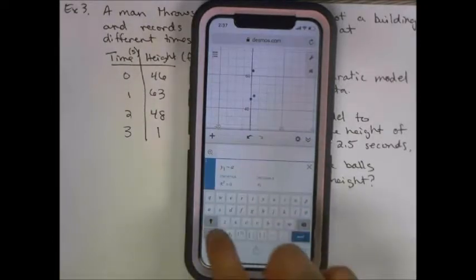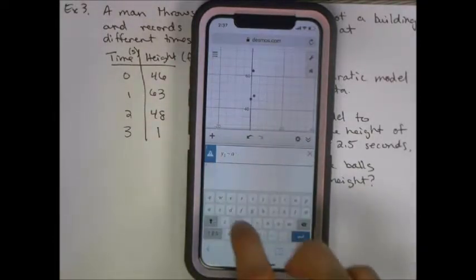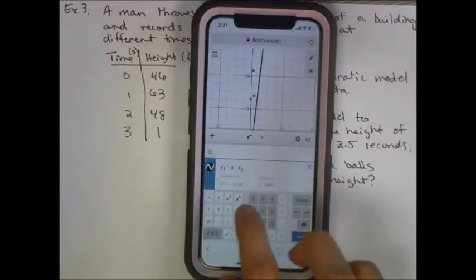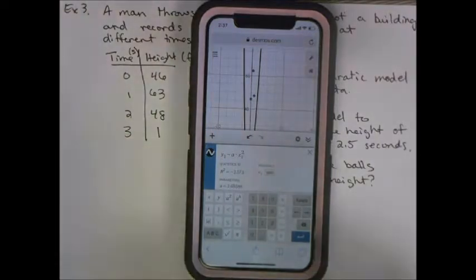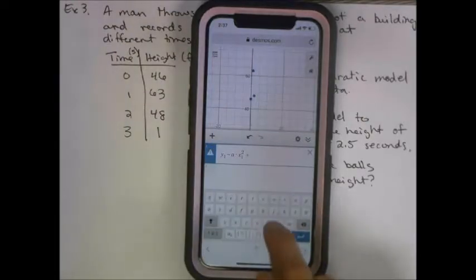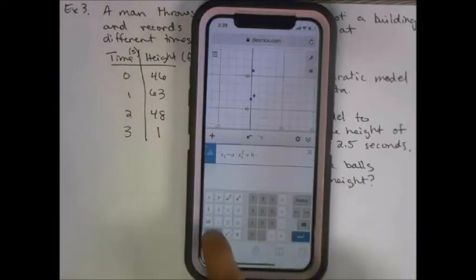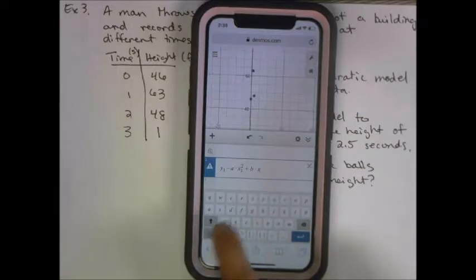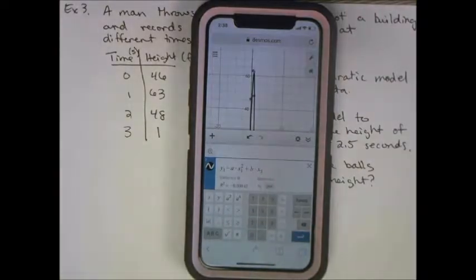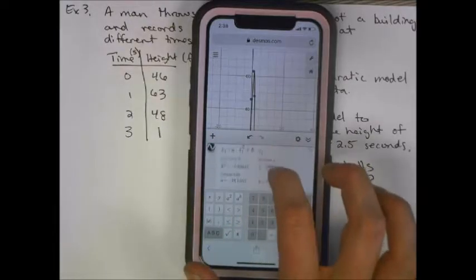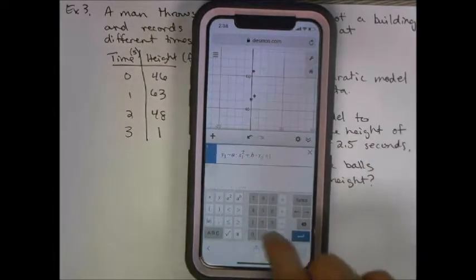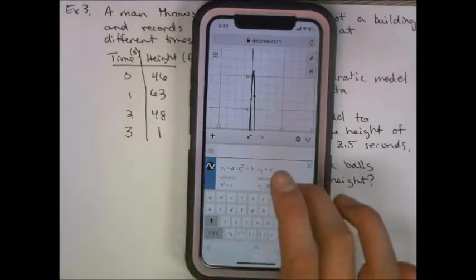A times x1 arrow out squared plus b, make sure to hit that times x subscript 1. You have to put the x1s in. Arrow out. And again, some of you might have x2 up here. I still have x1. If you have x2 though, you need to be typing x2. Plus b.